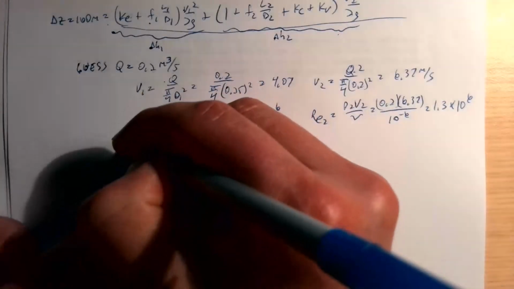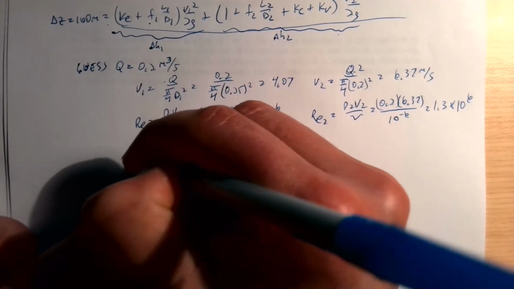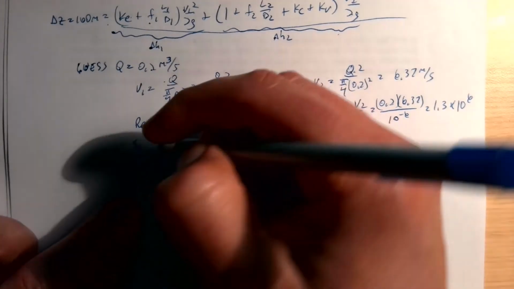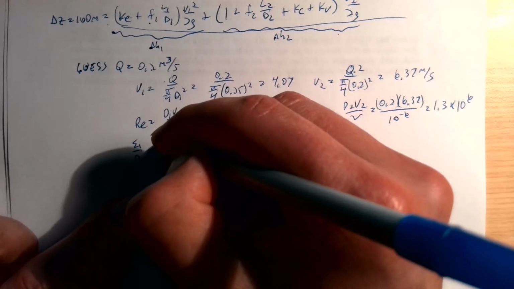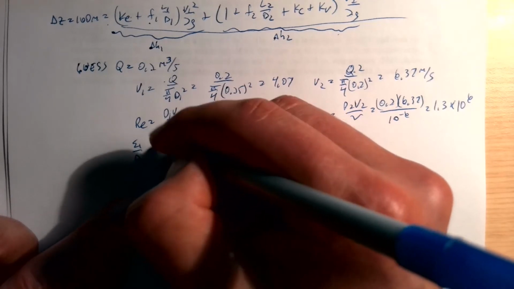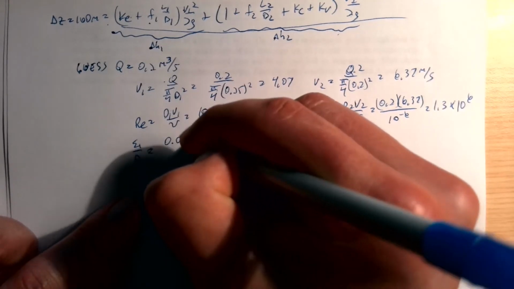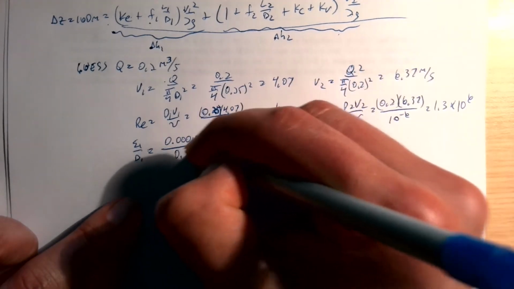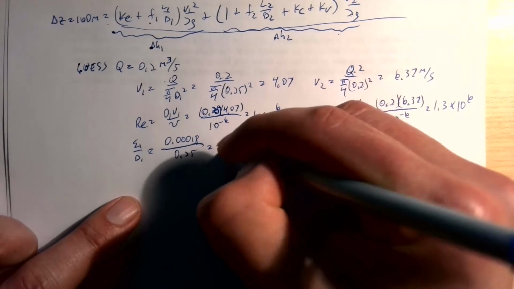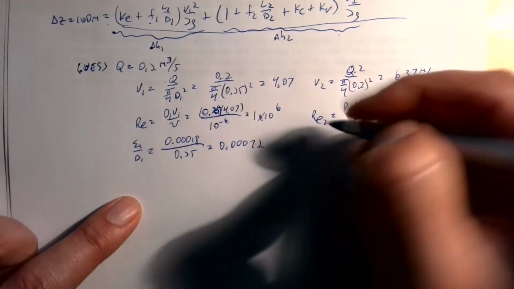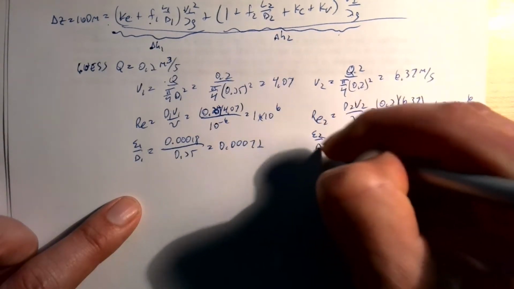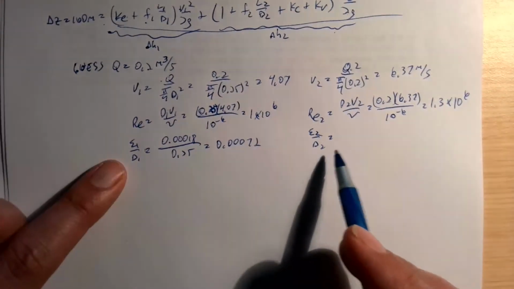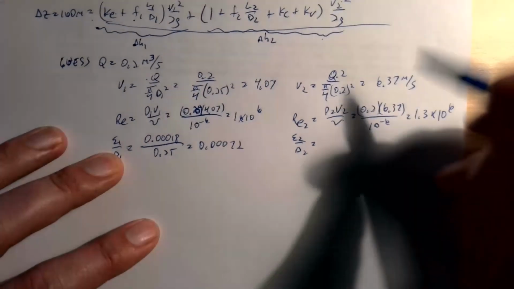To get my friction factors, I'm going to need my E over D. So that is 0.00018 over D1, which we said was 0.25, and so I get 0.00072. And then E2 over D2. Remember, these we won't have to calculate again once I've done them once.